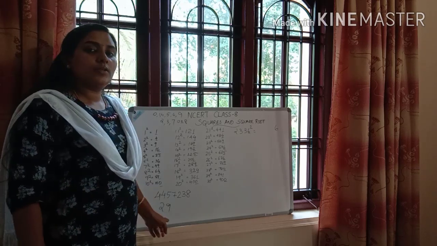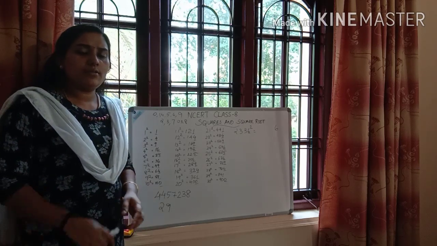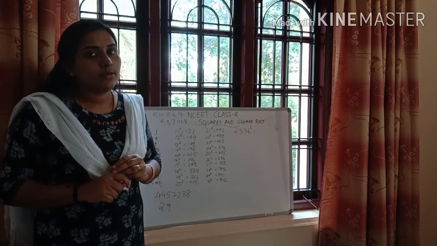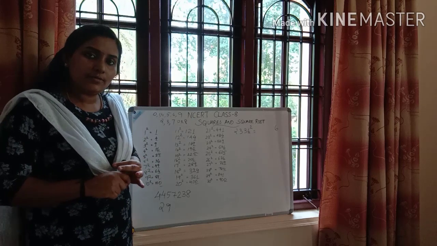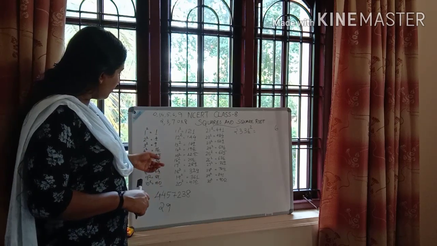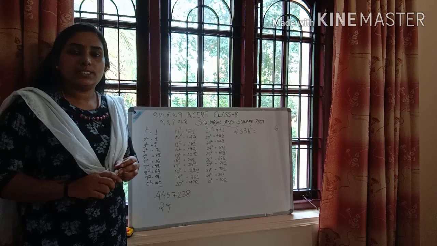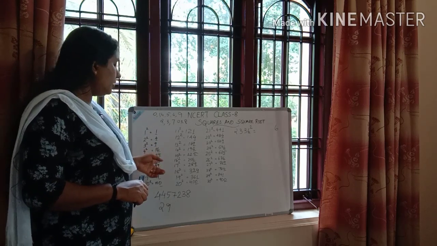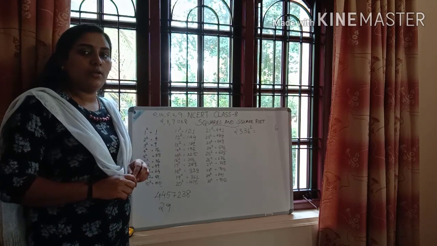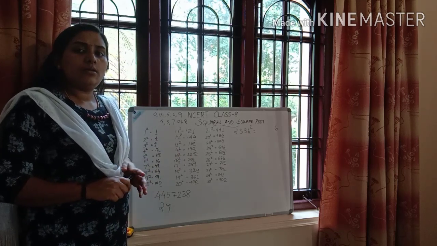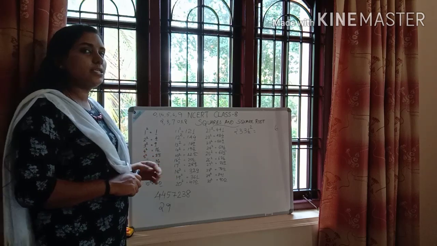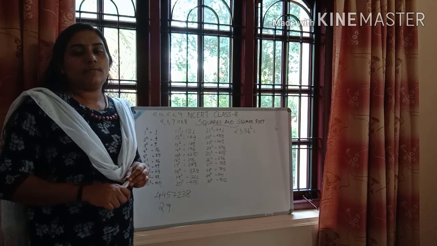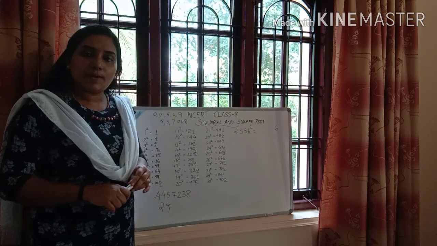Okay, see, 29. Is it a perfect square? This number ends with 9. The 29 comes between 25 and 36. We know that 25 and 36 are the squares of the numbers 5 and 6, but is 29 a perfect square?